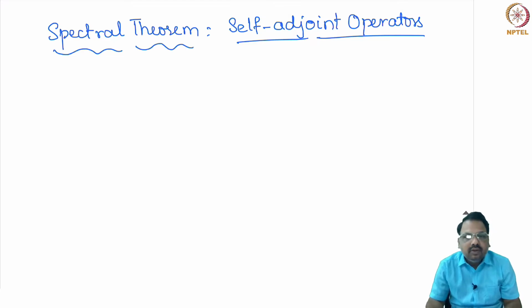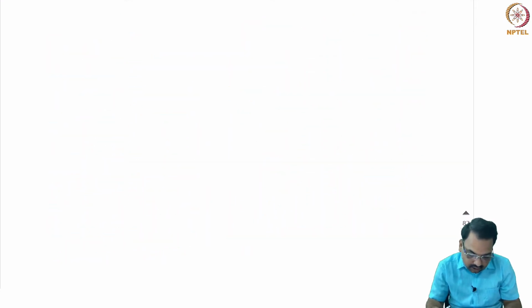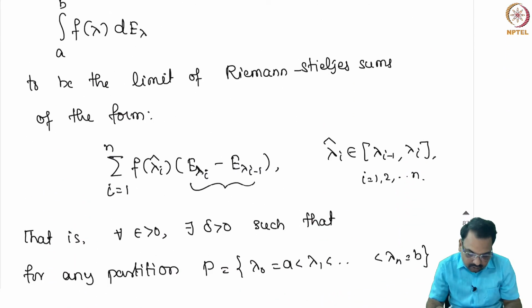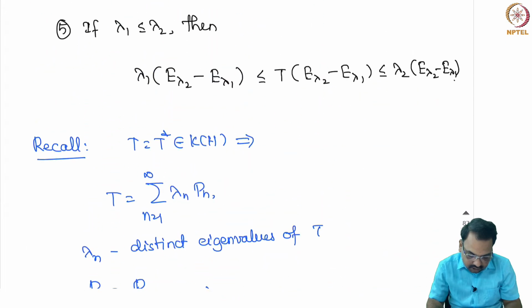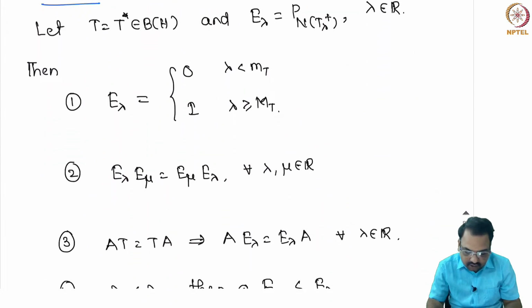Before going into the discussion, let us quickly recall the properties of the spectral family generated by a self-adjoint operator. If T is a self-adjoint operator, we have defined E lambda as the projection onto the null space of T lambda plus, where T lambda is nothing but T minus lambda I, and T lambda plus is modulus of T lambda plus T lambda by 2.